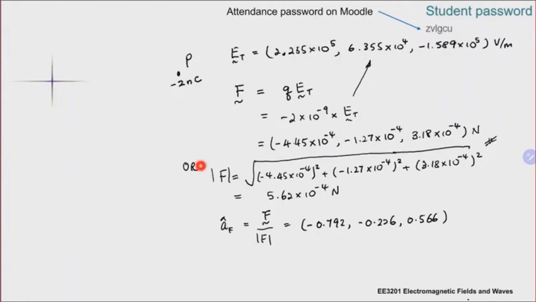So either you give your answer as a vector, something like this, or if you give it in magnitude, then you have to give the direction of the vector as well as a unit vector. Okay, that is the second part of the question.